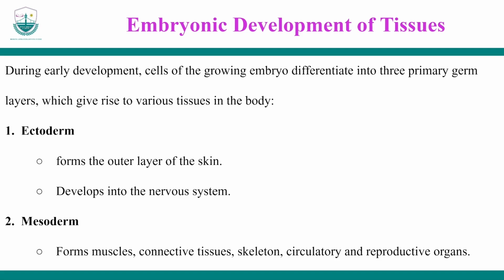So there is that transformation, which we call embryonic development, from a zygote, which is basically formed by fusion of the male and female gamete, to a complex organism that has different systems working together to sustain life. So that is what we call embryonic development.